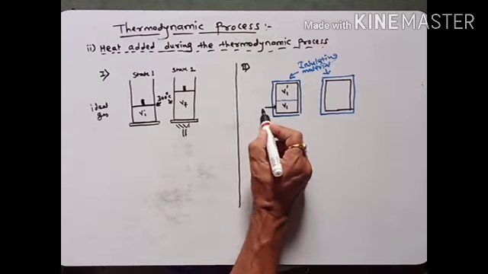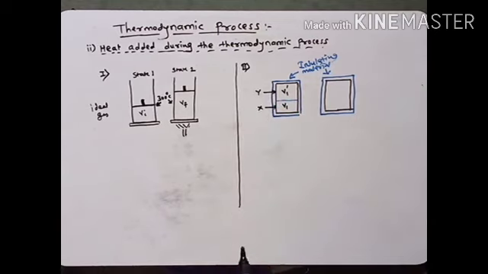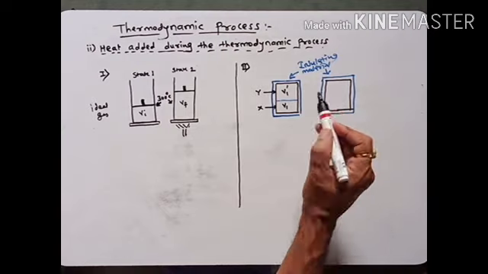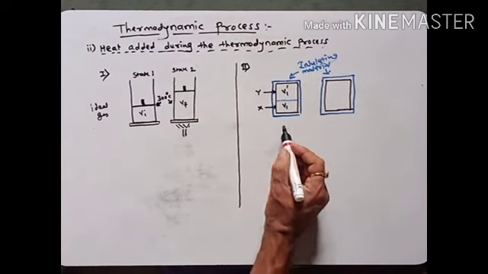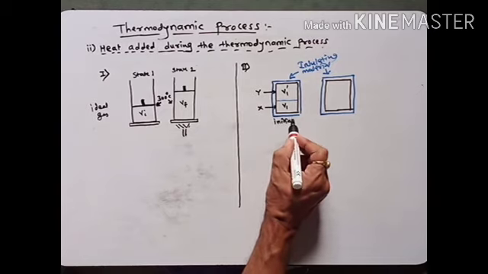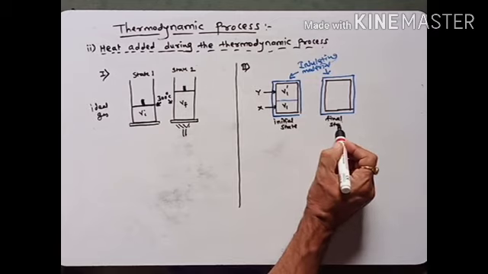Suppose this compartment is X and this is Y. Now another cylinder here has the same volume. Now suppose this is the initial state, and this is the final state.